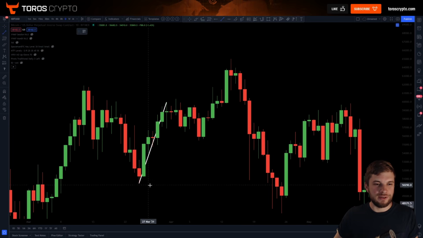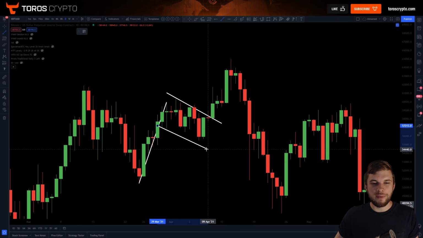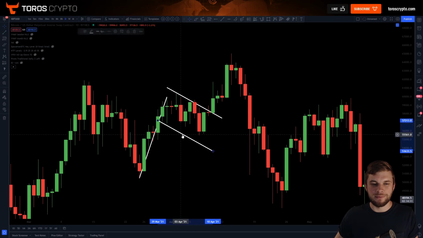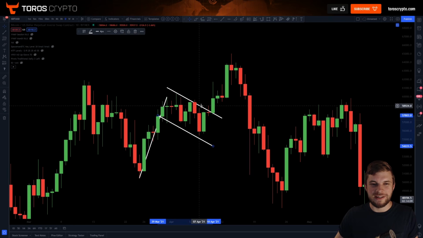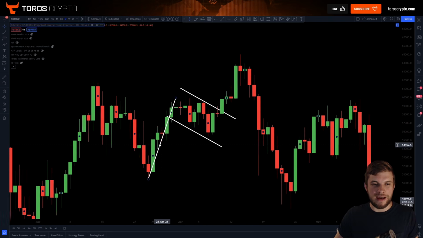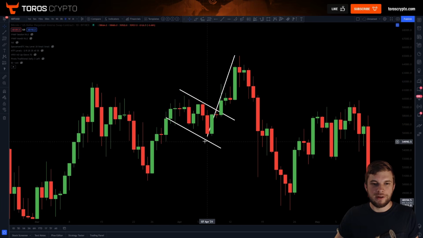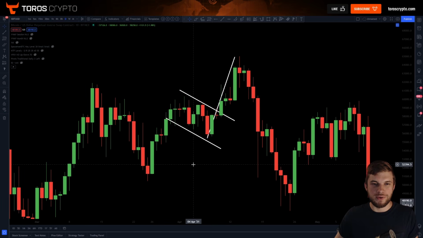So you have your move from your lows to your highs, then you consolidate. And the way that you can start to get a target here, you can see that these lows and highs are fairly equal. You can put them into a bit of a channel, consolidate them there. What you're looking for is a move out of this channel, a measured move at that point that is equal to the pole.